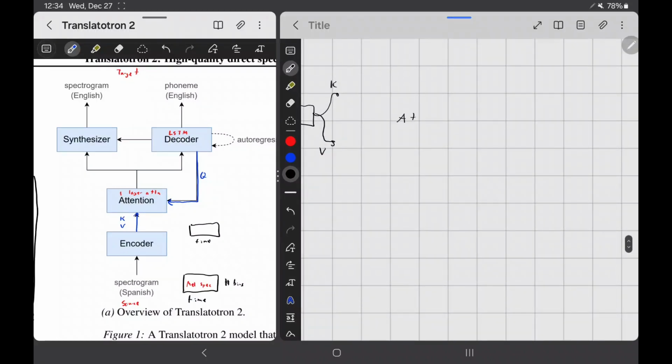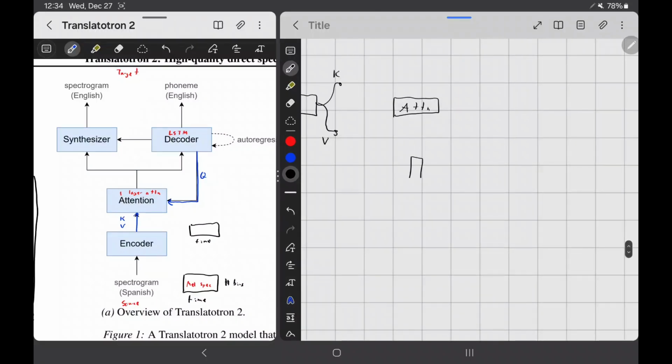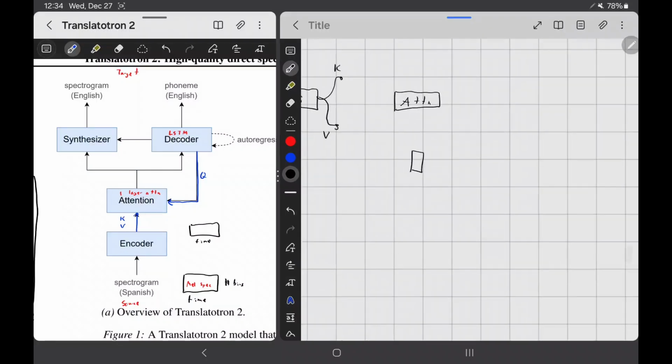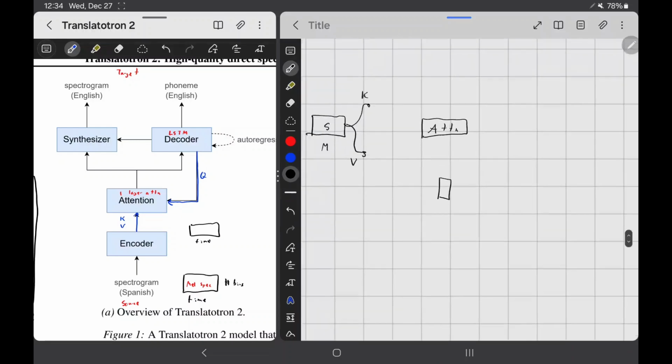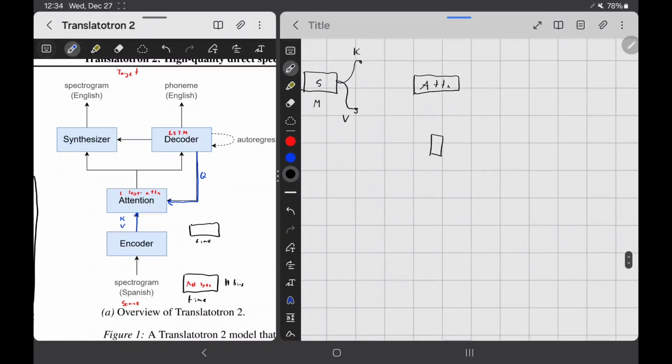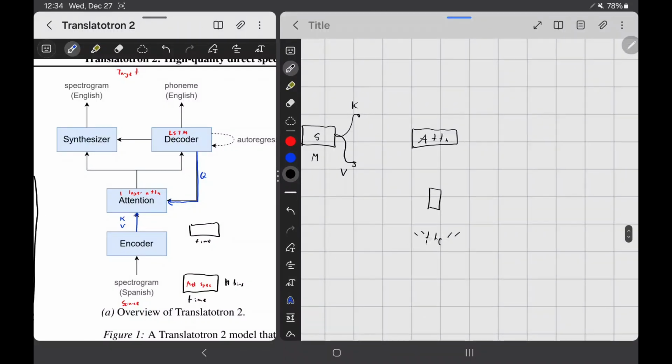So you have your attention here. And let's say we start with one token. So this may be the first token in your phoneme sequence that you produce. In the text equivalent, this would be like the word the. This would be your first token in your sequence, or maybe it'd be a start token.